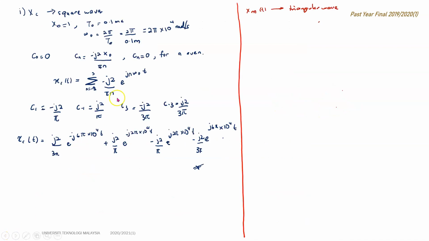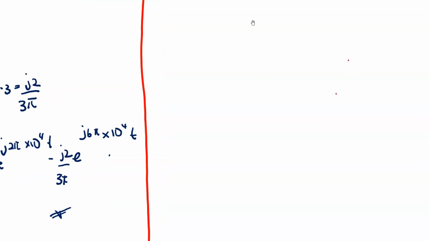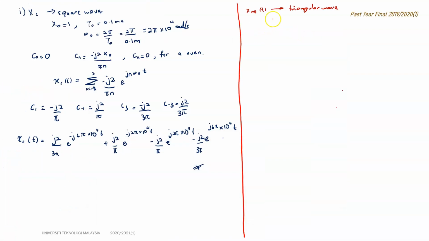So we can put here, x0 is equal to 1. And omega naught is equal to 2 pi, because T0 here is equal to 1 millisecond. So divide by 1 millisecond, this is equivalent to 2 pi multiplied by 10 power of 3.